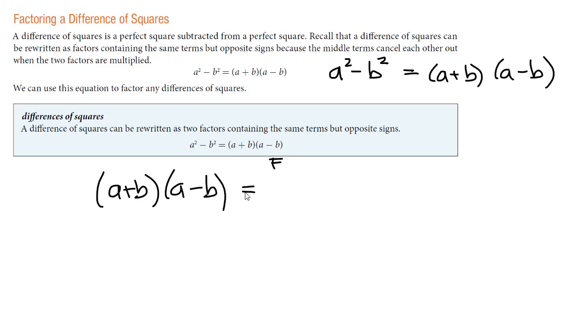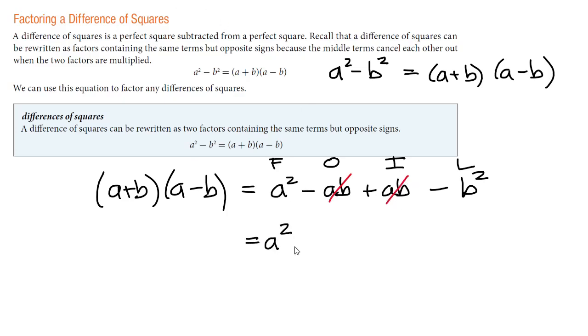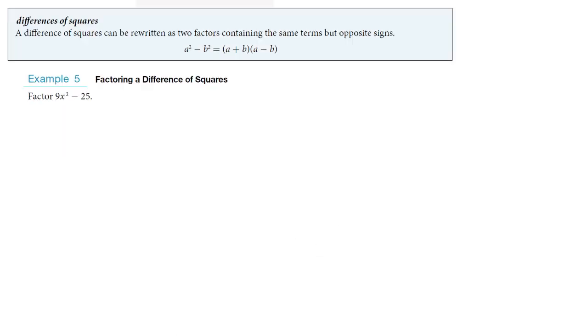So first terms is a squared plus the outer term is minus ab plus the inner term is plus ab, and then the last term minus b squared, because plus b minus b is negative b squared. And it always is the case, these two middle terms will cancel out, and that gives me a squared minus b squared. Now I want you to notice something. This is not a perfect square. It's the difference of squares.